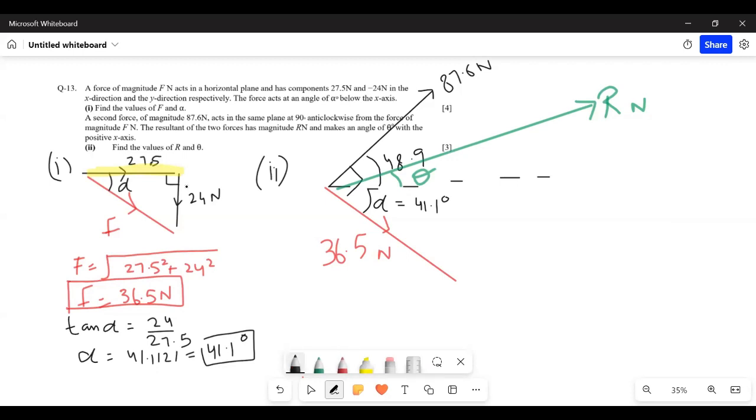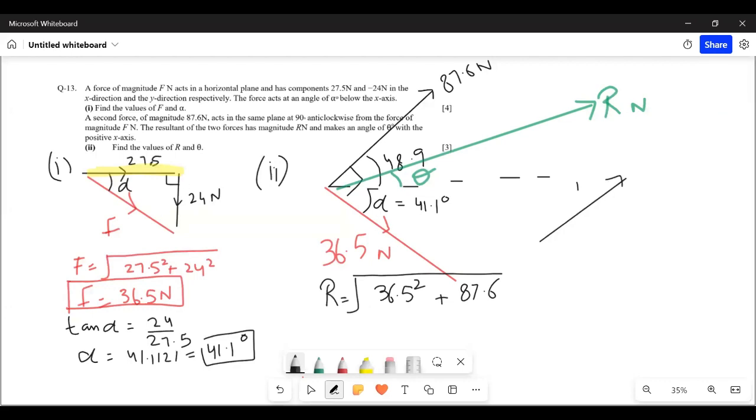So for R, you're going to simply apply Pythagoras theorem here. R is equal to square root. You know the x component of it, you know the y component of it, क्योंकि बीच में 90 डिग्री का एंगल. So Rx और Ry में भी 90 डिग्री का एंगल होता है. So Rx is already known, 36.5 squared plus Ry is also known, 87.6. Okay. Usually क्या हम कह रहे होते हैं, if this is R, we say this is Rx and this is Ry.